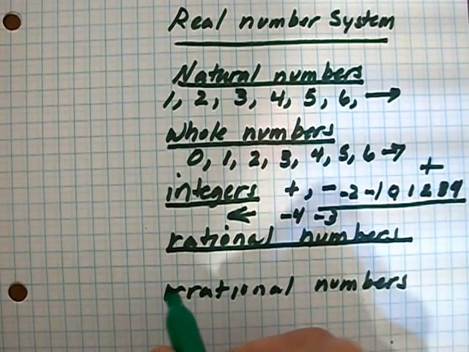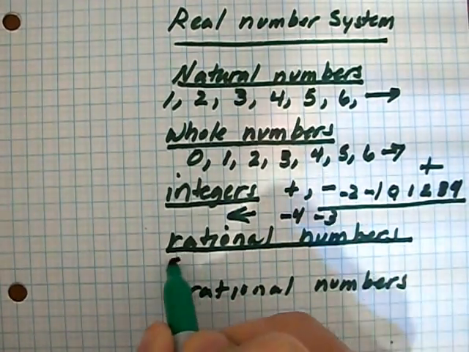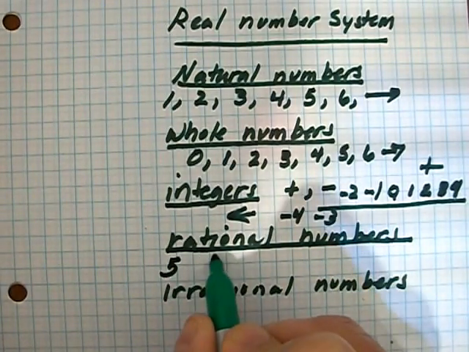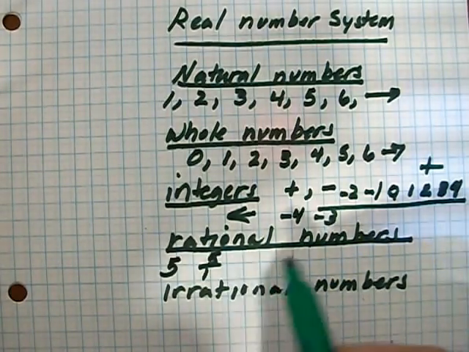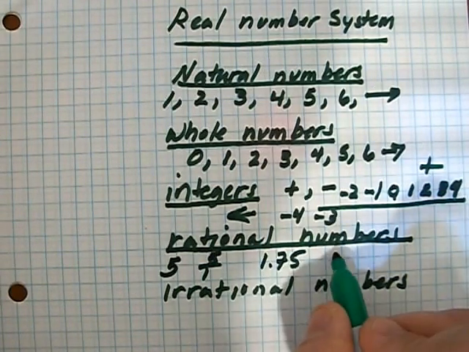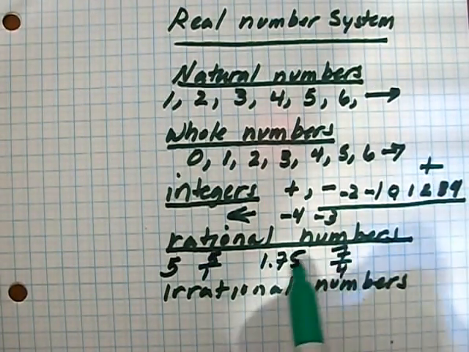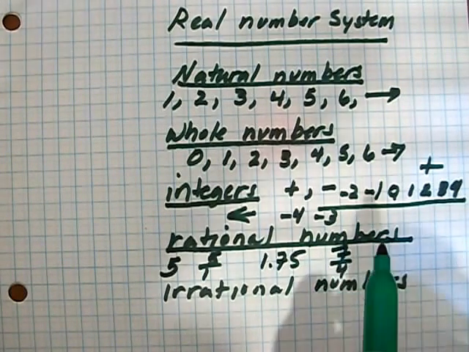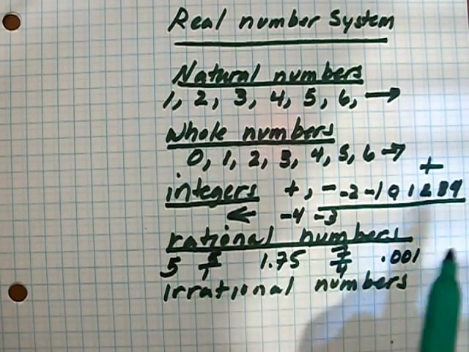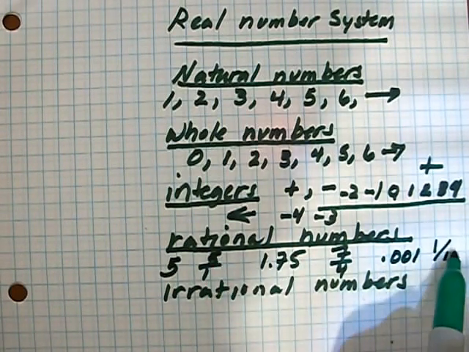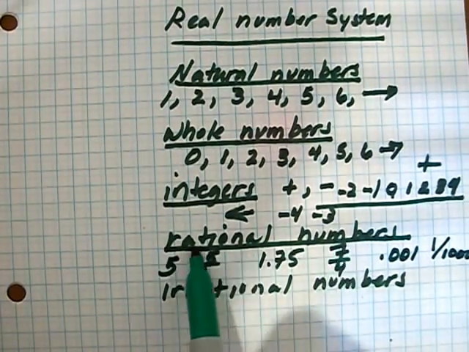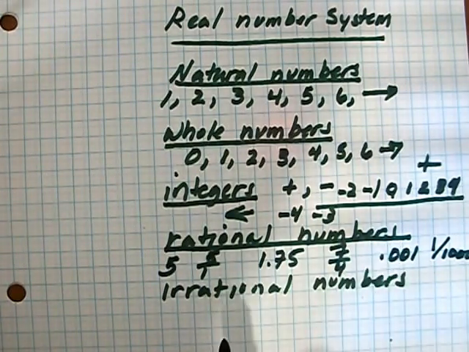For example, the number 5. 5 is a rational number because it can be written as an improper fraction, 5 over 1. 1.75 is a rational number because it can be written as a fraction, 7 over 4. 0.001 is a rational number because it can be written as 1/1000th. So when you think of a rational number, think of any number that can be written as a fraction.